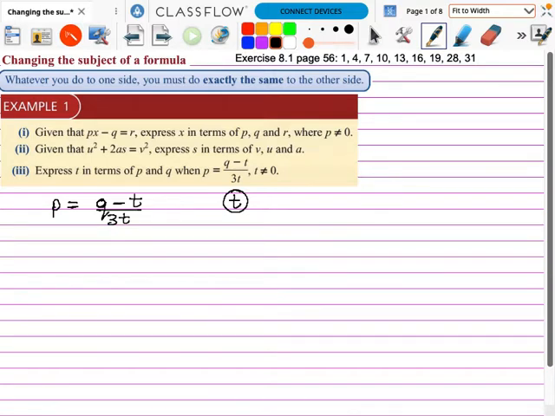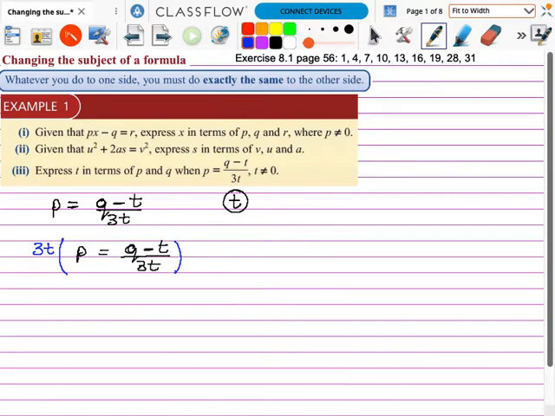Now let's do that in a slightly different colour down here. So it's 3t multiplying everything, because the first priority is to get rid of a divide by 3t. But whatever we do to one side, we have got to do to the other.